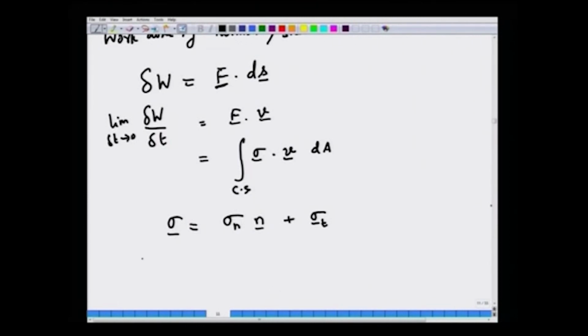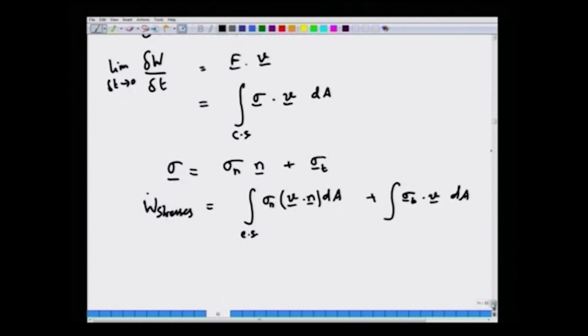So, the rate at which work is done, W dot, due to fluid stresses, is nothing but integral of sigma n times V dot n dA over the control surface plus integral of sigma tangential dotted with V dA.